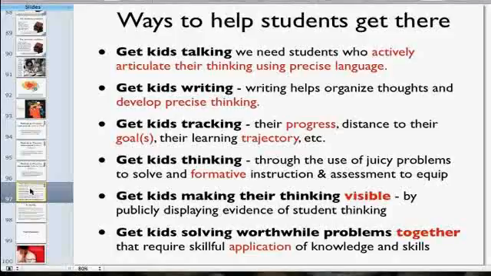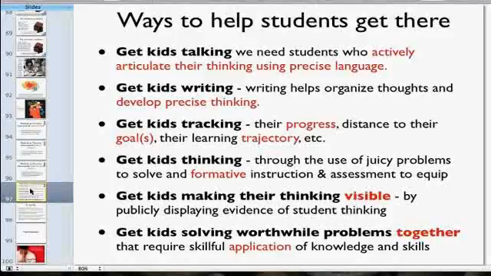So these are 6 things that really help kids develop a lot of cognitive flexibility. So get kids talking, get kids writing. Writing in the content areas and informational writing has been shown to be incredibly effective for helping kids organize their thinking.